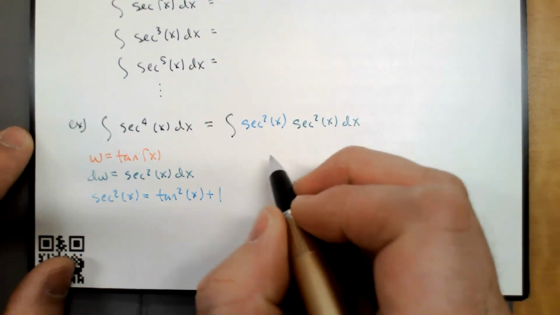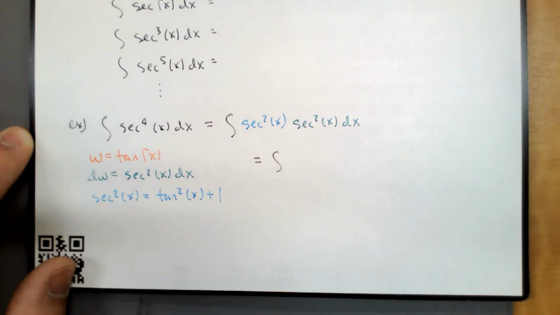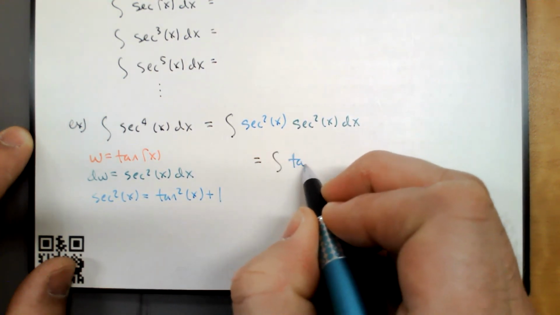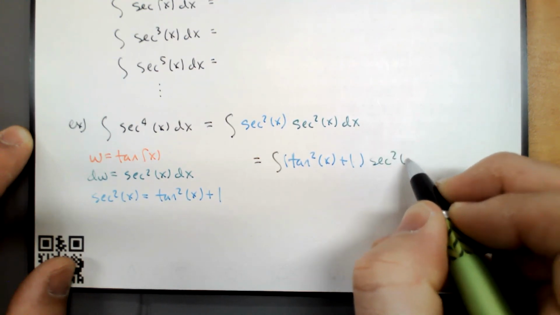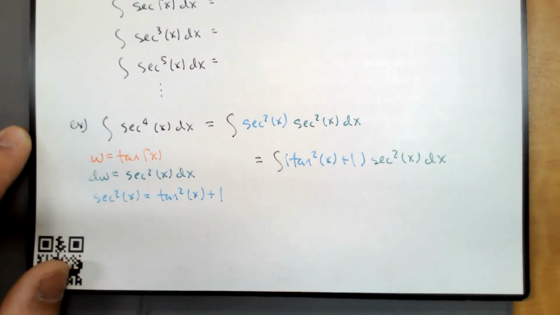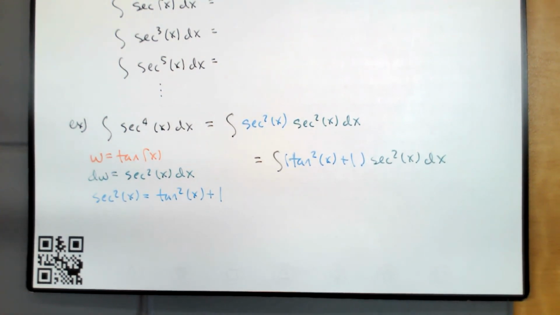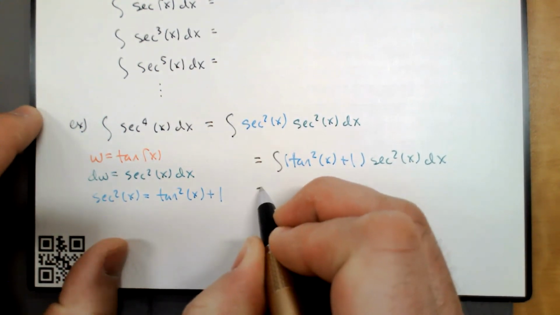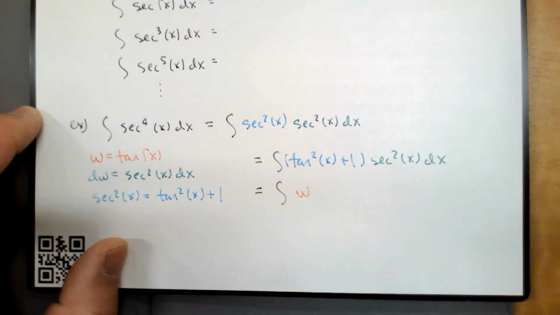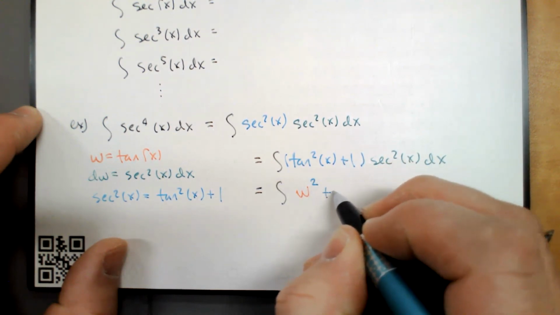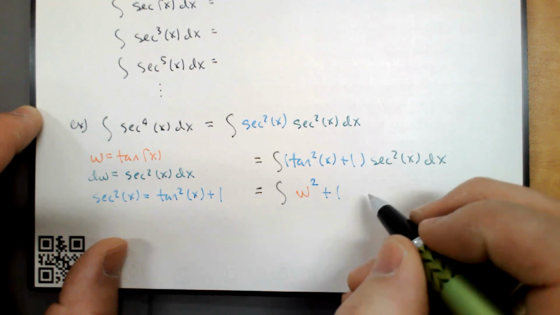And there is where we get our tangents. So now that tangent squared plus 1 we can write as w squared plus 1. And the secant squared x dx is all just dw.